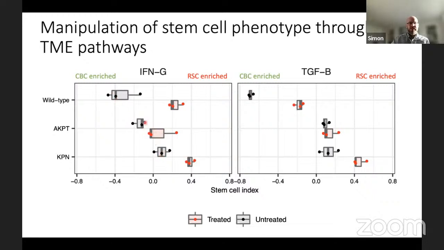But there is still the same responsiveness to interferon gamma in AKPT and KPN mice. So even though you've got a genotype-specific change in your stem cell index, you can still manipulate that phenotype by applying external signaling pathways. And the only place where we couldn't change that phenotype is in the AKPT mouse model with TGF-beta.